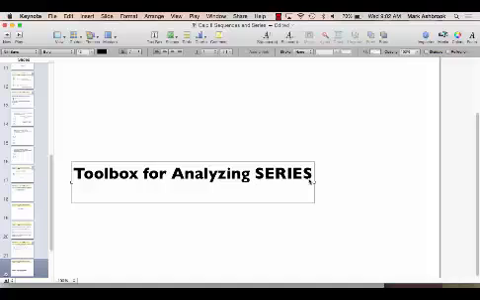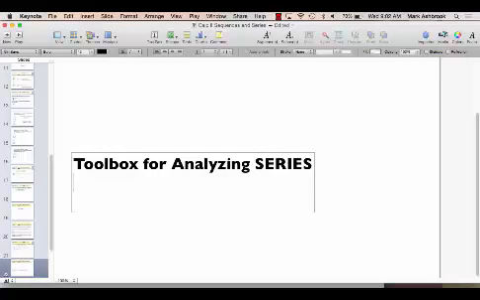So in our toolbox, the first thing we have is the divergence test. And we say that in order for the series to have a chance to add all those terms up to a finite value, what has to be true? What's necessary?